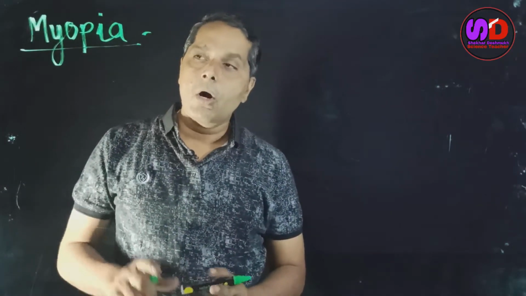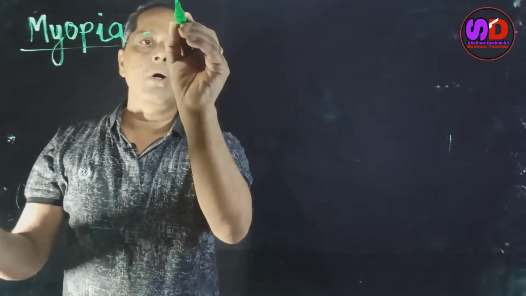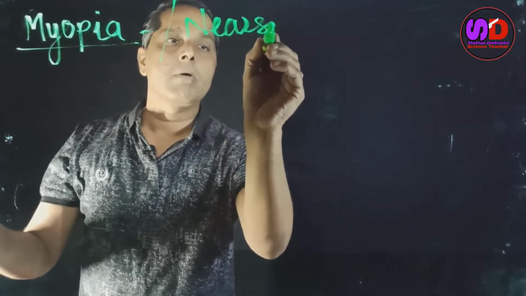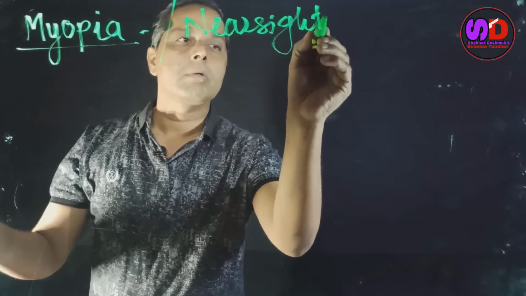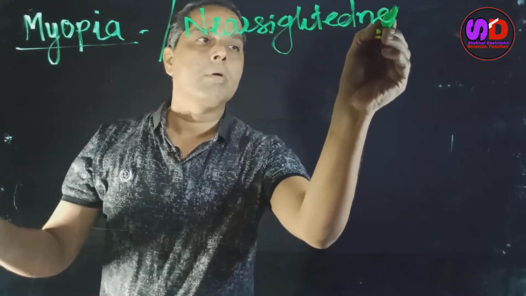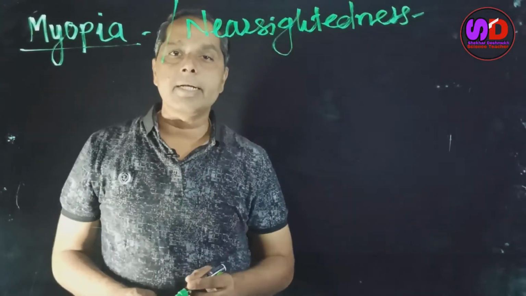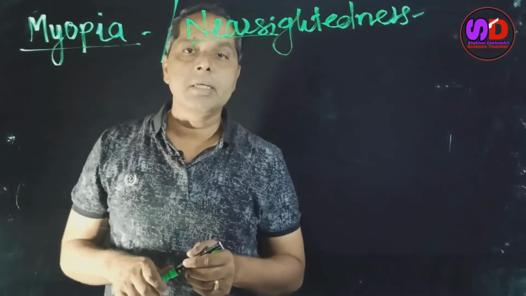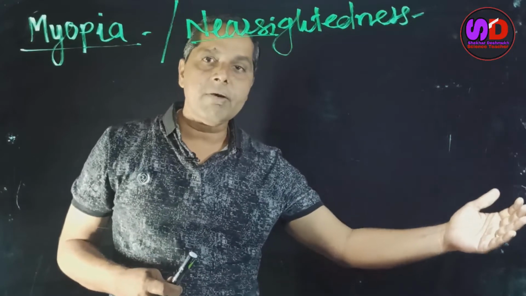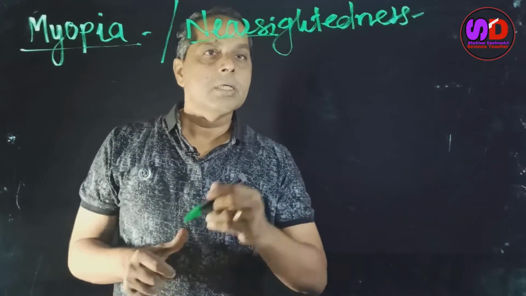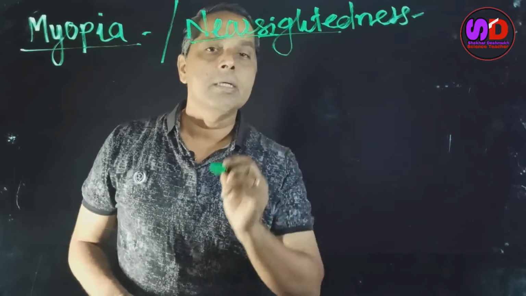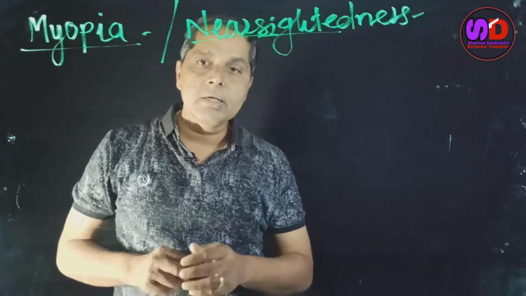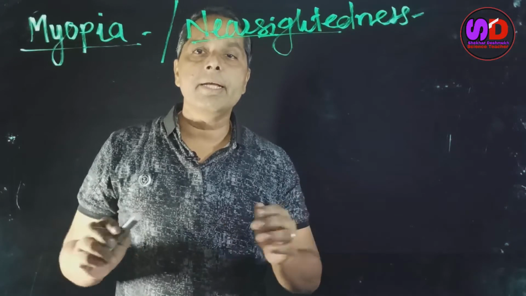Myopia, or this defect, is also called nearsightedness. Near means the objects which are very close to us. Sight means the objects which are very close to us can be seen very clearly.